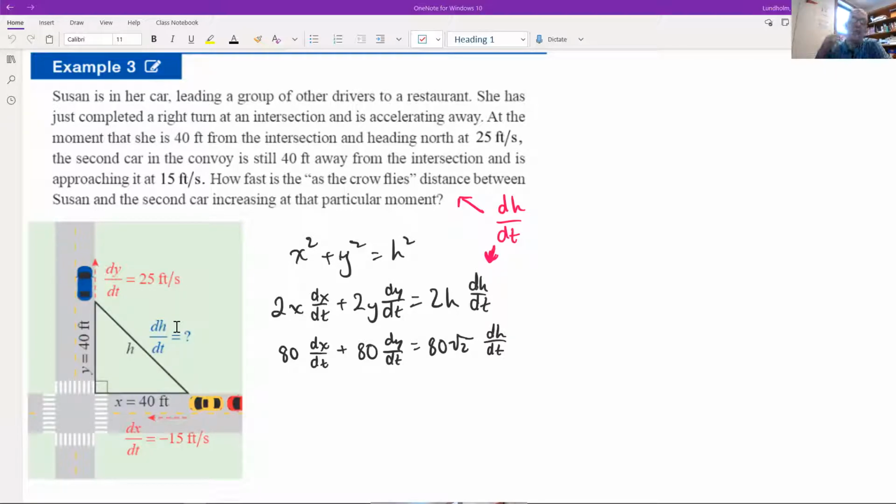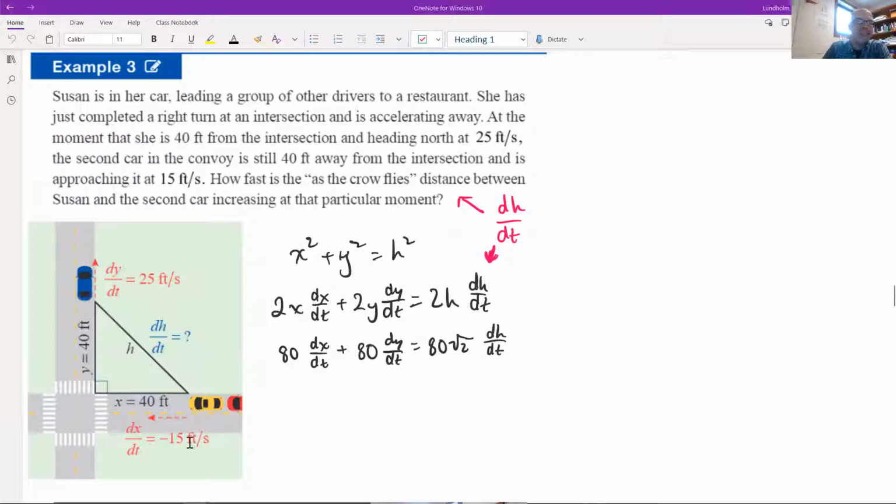All right, and we have been given values for dx/dt and dy/dt. It's a little bit more tricky to parse those out from the paragraph, but on the diagram, I think they're labeled pretty nicely. dx/dt comes first.